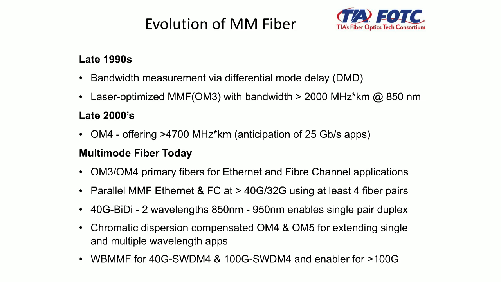There is a hint that there's going to be a 100 gig BiDi solution here probably this month going into next year. Chromatic dispersion compensated OM4 and OM5 fiber for extending the 850 nanometer apps. Multiple vendors have solutions. And I'll talk a little bit about wideband multimode fiber OM5 for the SWDM emerging transceivers. That's really an enabler for beyond 100 gig, and that's where I'm going to finish the talk, at beyond 100 gig.